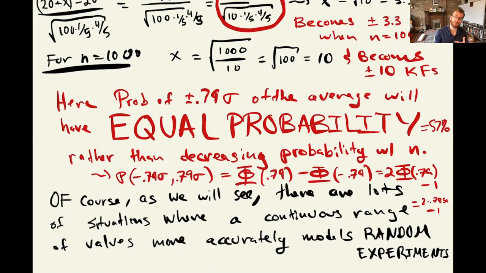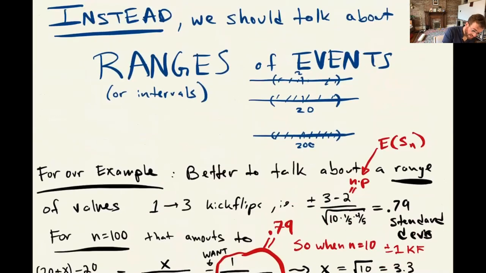So this is me just trying to motivate that at the end of the day, what we're really interested in for these kinds of experiments is the number of successes, standardized by the average and then divided by the standard deviation.